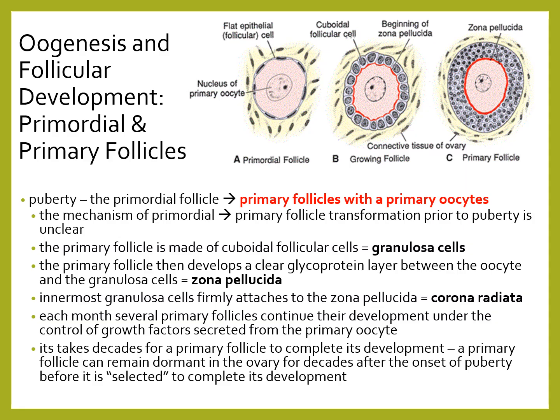It takes, believe it or not, decades for a primary follicle to complete its development to secondary follicle and then to tertiary and Graafian follicle, because a primary follicle can remain dormant in the ovary for decades after the onset of puberty. So this primary follicle that you see here in figure C can remain dormant for decades until it is, quote unquote, selected to complete its development.